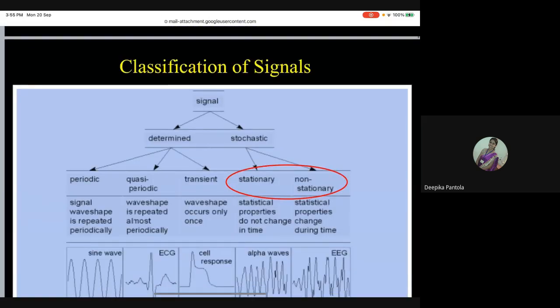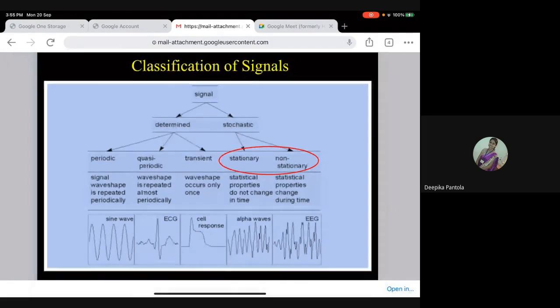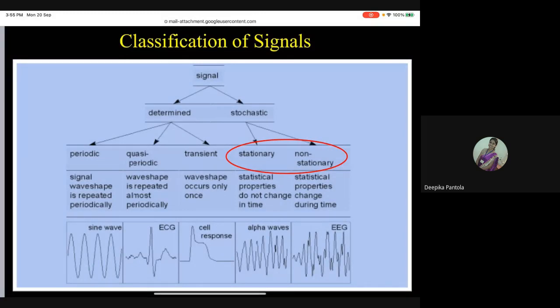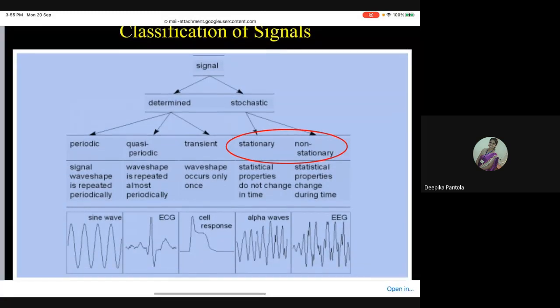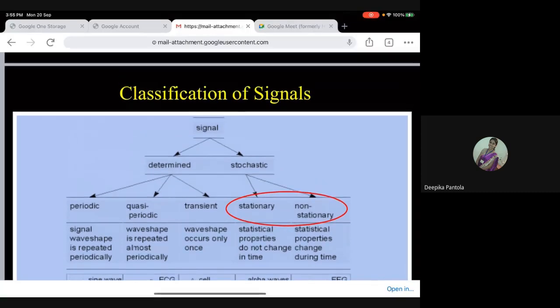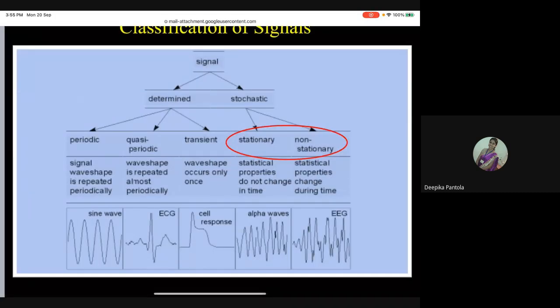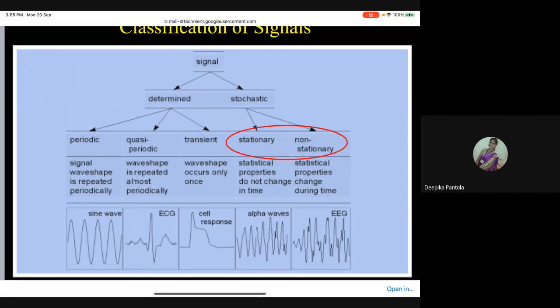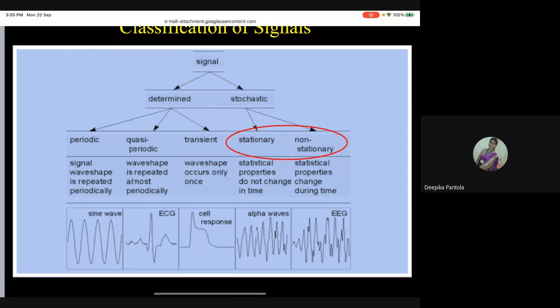So here, this is very interesting, you can see. The signal is of two types, mostly deterministic and stochastic, right? The deterministic are again divided into different kinds: periodic, quasi-periodic, transient.